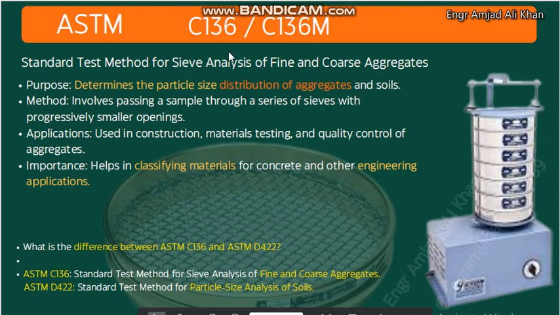ASTM C136 is the standard test method for sieve analysis of fine and coarse aggregates. Purpose: determines the particle size distribution of aggregate. Method: involves passing a sample through a series of sieves with progressively smaller openings. Application: used in construction materials testing and quality control of aggregate.